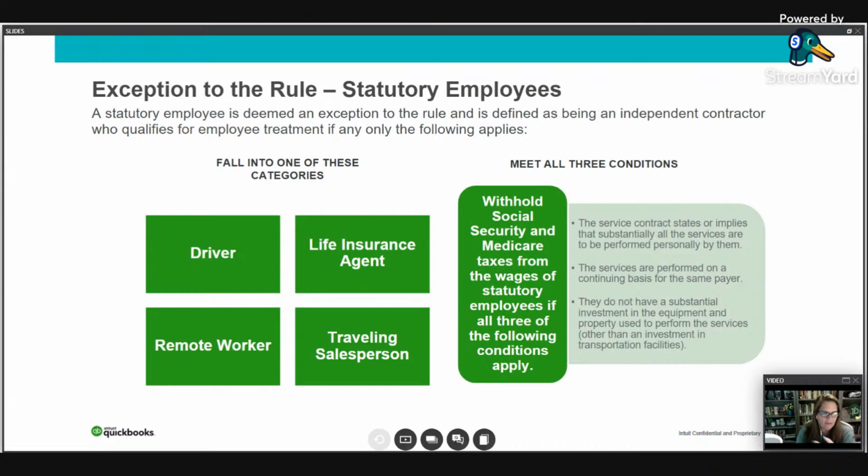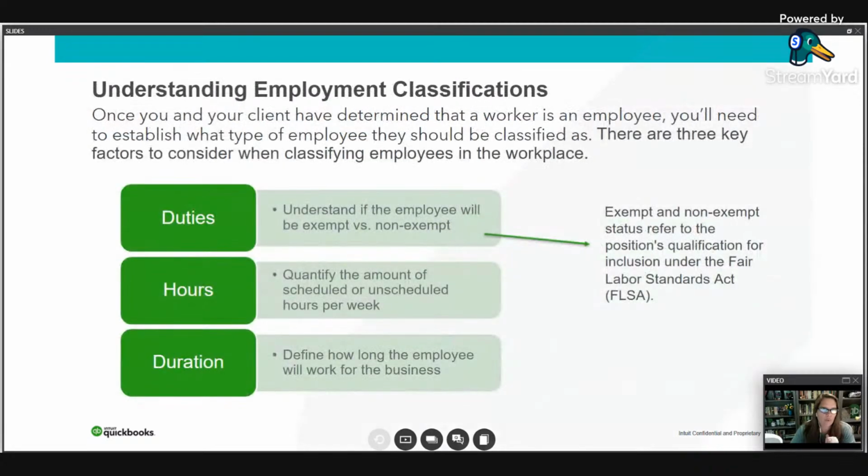They do not have a substantial investment in the equipment or property used to perform the services, other than maybe an investment in transportation facilities, and the services are performed on a continuing basis for the same payer. I know it's a lot. Go check out, again, Publication 15A, the Employer Supplemental Tax Guide, about statutory employees.